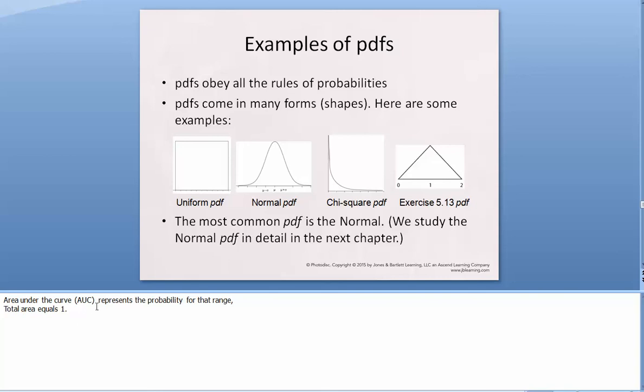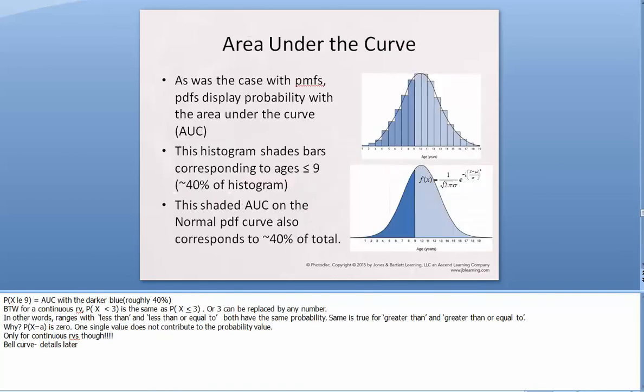Now, here we are talking about the total area. For a specific range, or a part of the range, the area under the curve will give the probability that X will be in that specific range. Let's see, I think there's an illustration in the next slide.